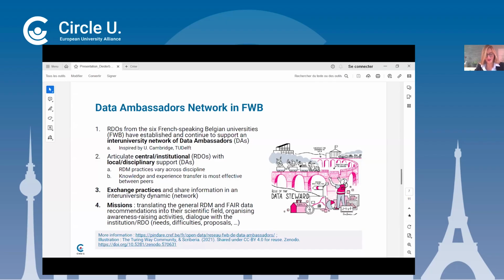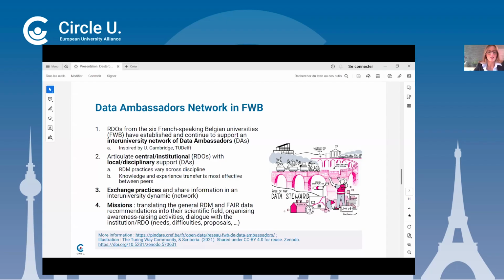It's a model inspired in part by practices at the University of Cambridge and TU Delft. An inter-university network of data ambassadors has thus been established, currently comprising over 80 members.